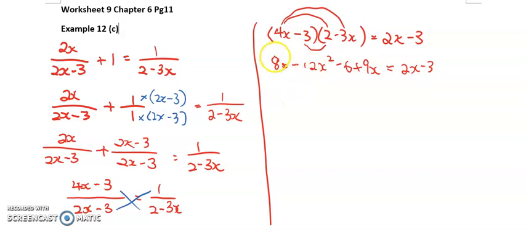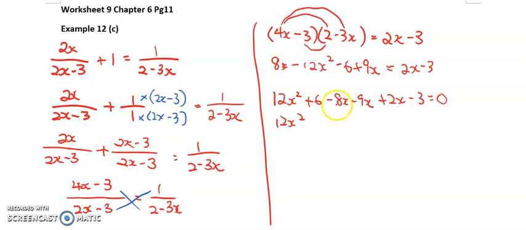Okay, so we shift all the terms to the other side of the equation. Okay, and simplify. Minus 8 minus 9 minus 17, so plus 2 minus 15 plus 3 equals to 0. Okay, so this is an equation here, and we can divide throughout by 3.